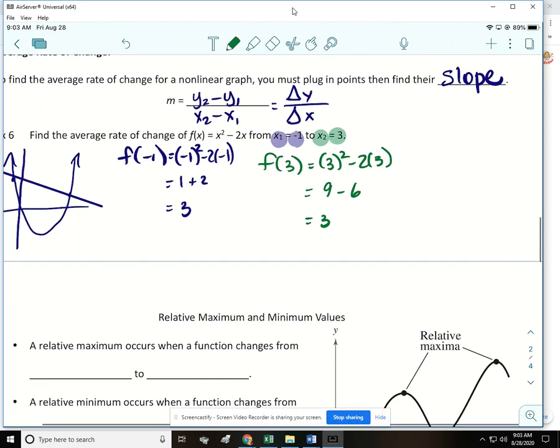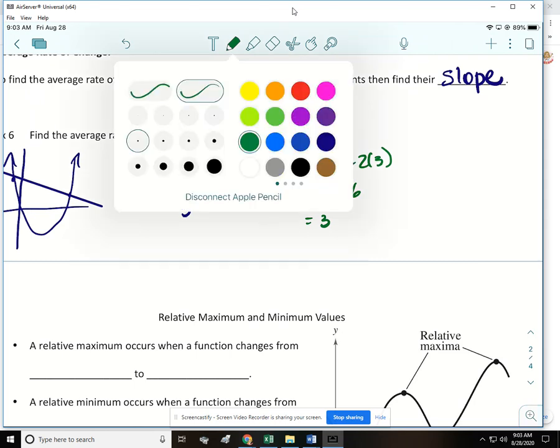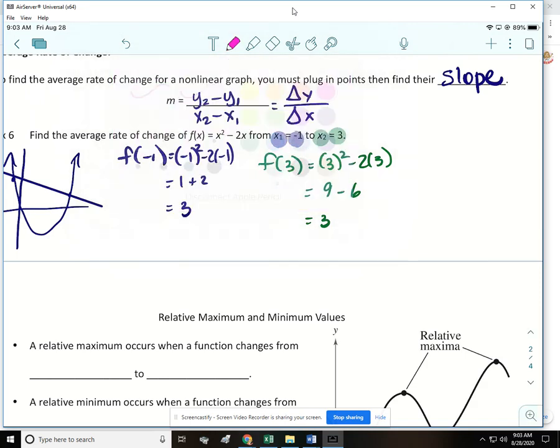So you guys have options. You can subtract the y's in the numerator and the x's in the denominator. I like to just think about the average rate of change, or the slope, as the change in y over the change in x. So the y changed from 3 to 3. So that's no change. So that's 0. The x changed from -1 to 3.